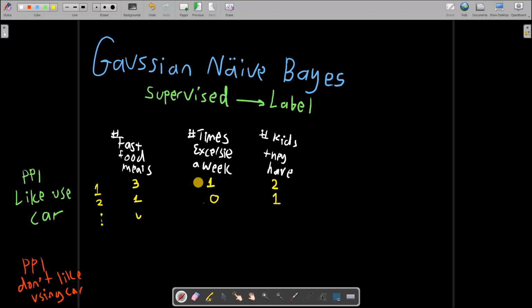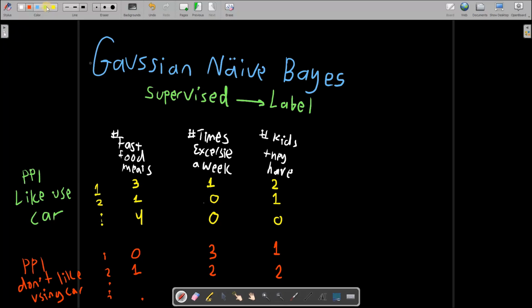And here maybe they eat 4 times a week, they never exercise, and they have no kids. Now let's fill the people who don't like to use the car, for example. Let's say here that they don't eat fast food, they exercise 3 times a week, and they do have 1 kid, and etc. We can just fill these as we want, alright?